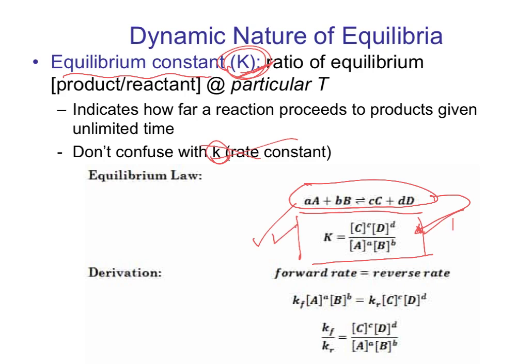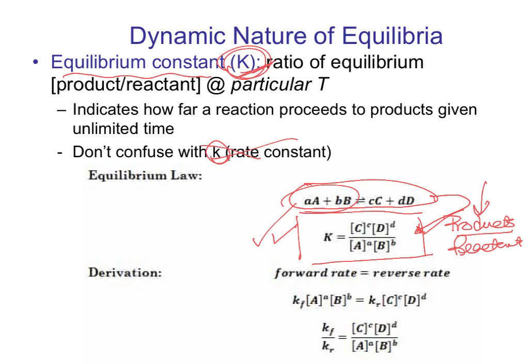Notice that the concentration of products are on top, and the concentration of reactants are on bottom, okay? Which means the more products you form, the larger K will be, right? So a large equilibrium constant is good for chemists. It means, okay, I've made a lot of products compared to how many reactants I started with.